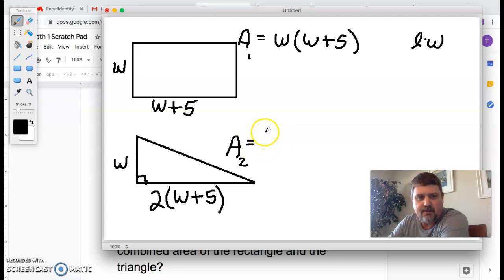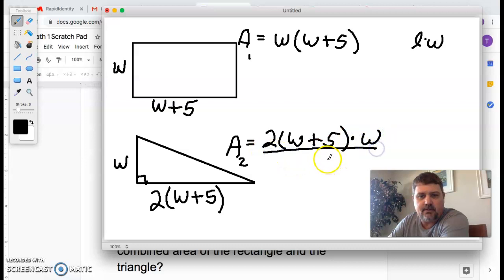So we'd have, well, the base, I guess we'll call 2 times W, plus 5 times W, all divided by 2, right? That's base times height over 2. Now you can see something nice is going to happen right here with this one. These 2's are going to divide out and cancel.